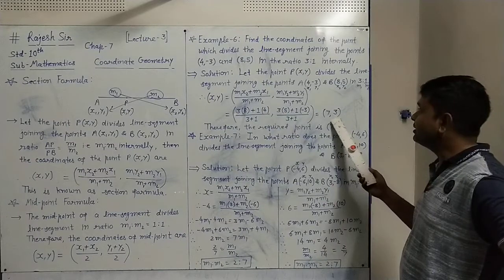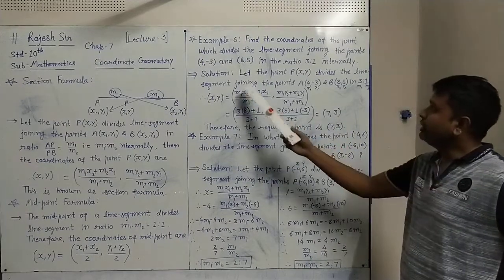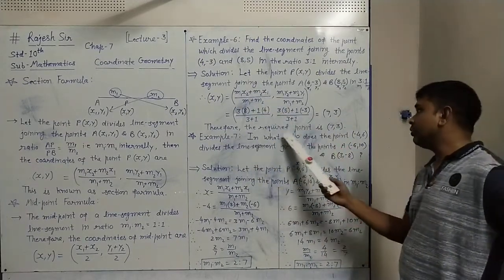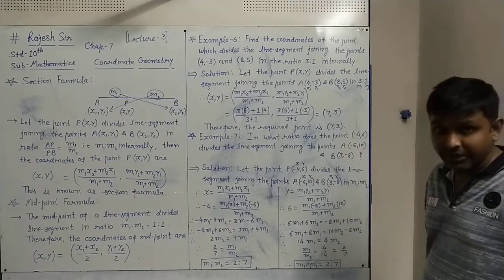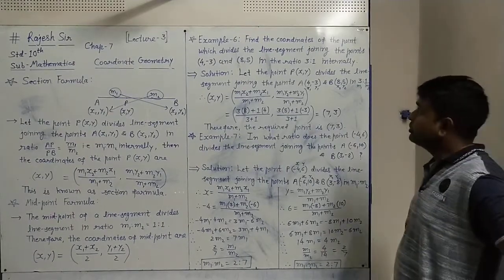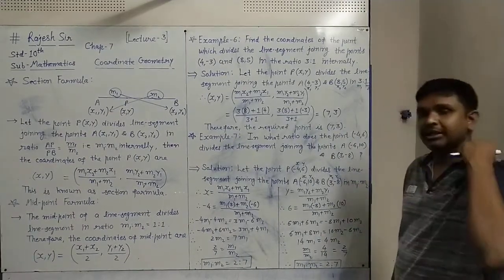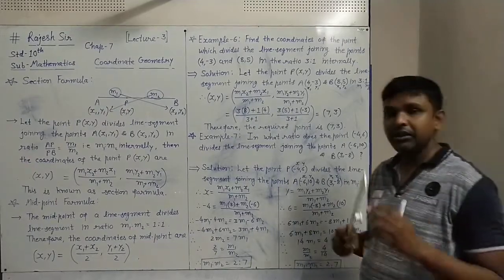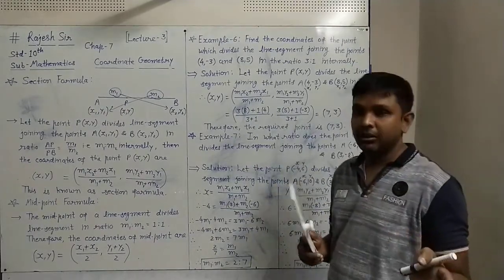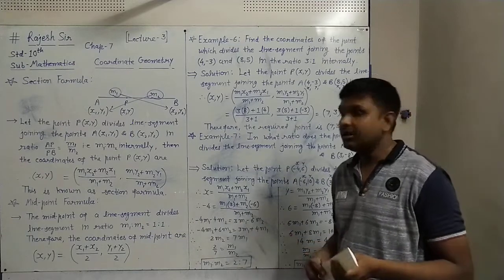So (7, 3) are the coordinates of the point P(x, y). Therefore, the required point is (7, 3). So this way, very simply we can find by using the section formula when one point is dividing the line segment joining two other points.